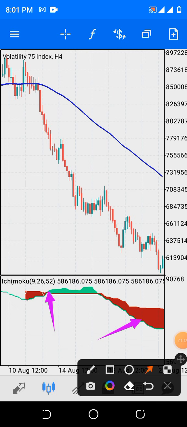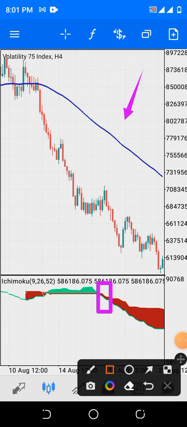Do you understand? Now, in this case, the market is in a downward trend because it is below the moving average. So once we identify the direction, it is below the moving average, so it is a sell. Now we come to the side of Ichimoku for our entry, where the Ichimoku turns from green to red.